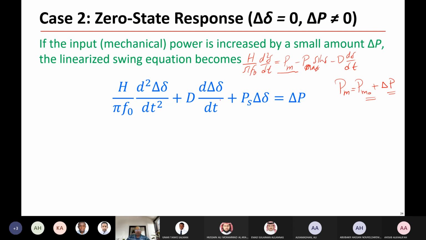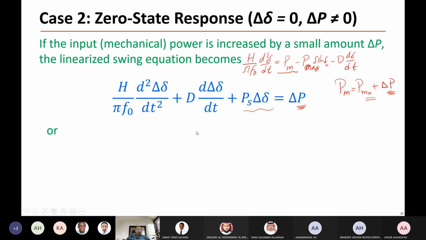Delta delta will not change. This is P electrical, which is P max. When you linearize this, it becomes Ps plus delta delta as we derived earlier. But we have the additional part here, which is the change in mechanical power.